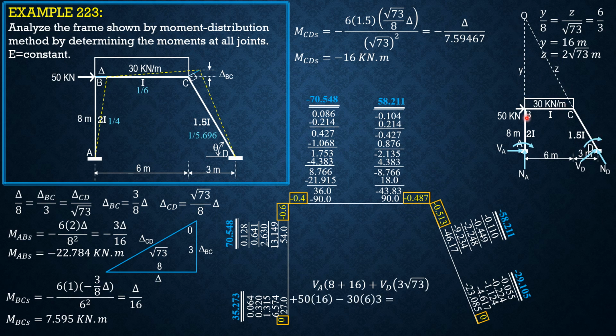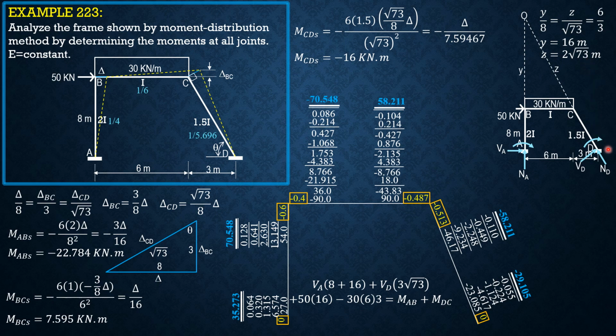So y as to opposite of theta is 8 equals z as to hypotenuse. Hypotenuse is square root of 73 equals 6 meters. This is 6 meters as to adjacent of theta, which is 3 meters. So y is equal to 16 meters and z is 2 square root of 73.